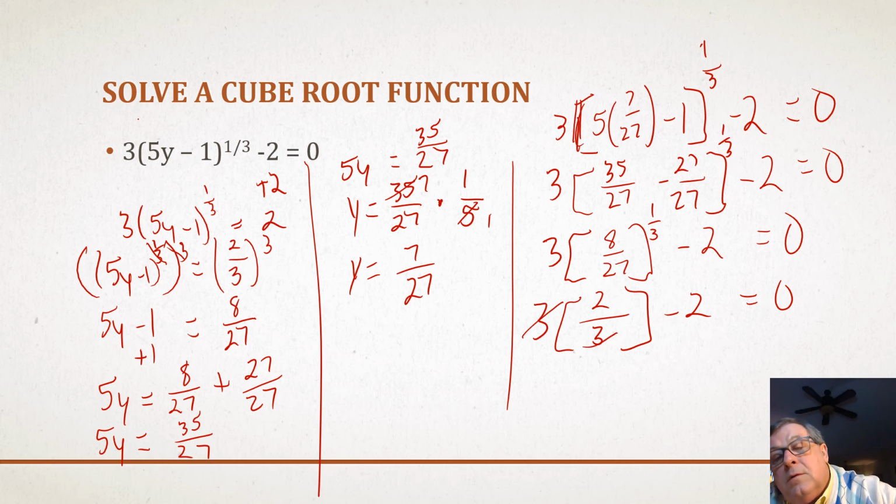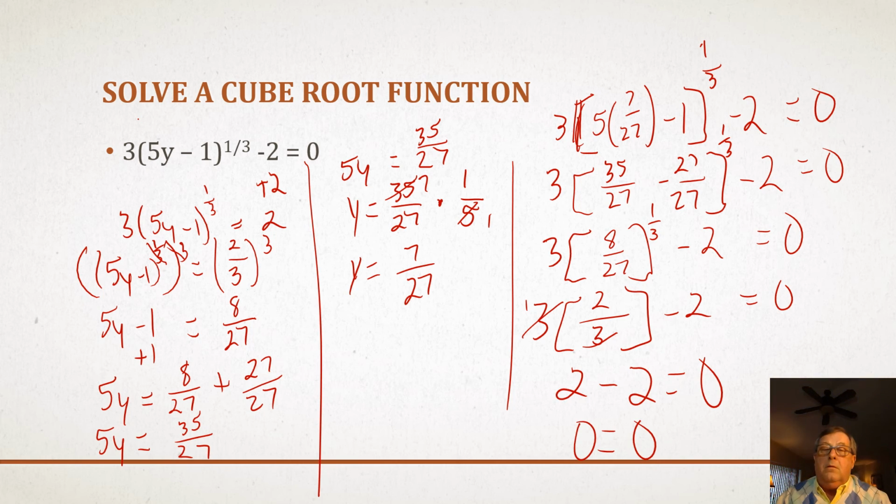Well, Shazam, that's going to be 2 minus 2. And how about it? Does 0 equal 0? Has for most of the lifespan of mathematics. And so we do have a valid solution that y equals 7 over 27. Exciting, right?